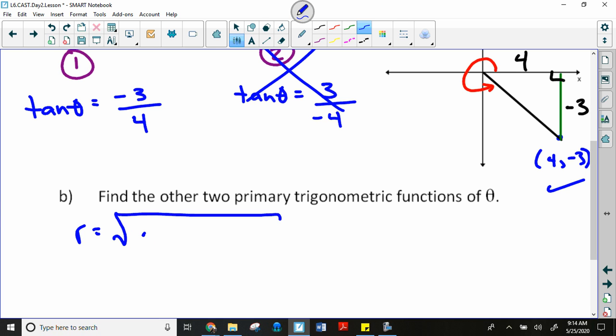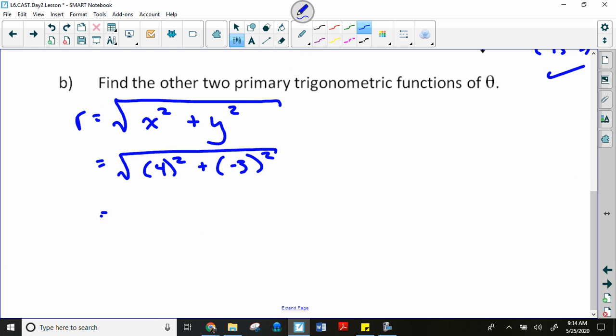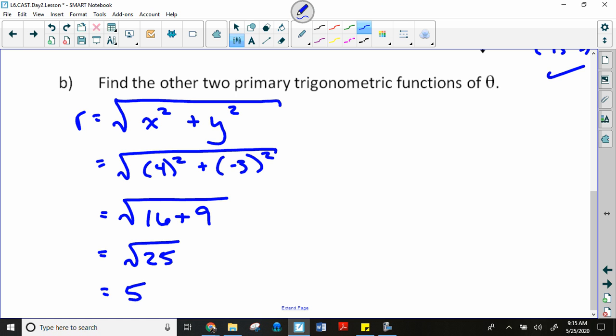So the square root of x squared plus y squared is the square root of 4 squared plus negative 3 squared, which gives us the square root of 16 plus 9, 25. The square root of 25 is 5.